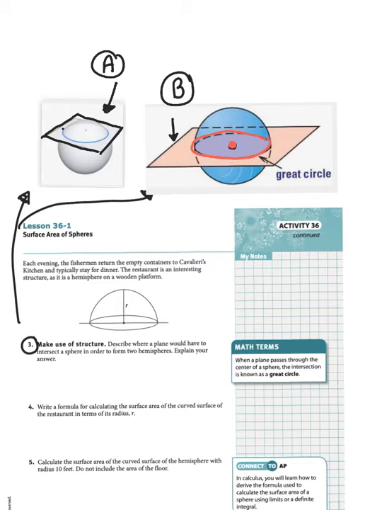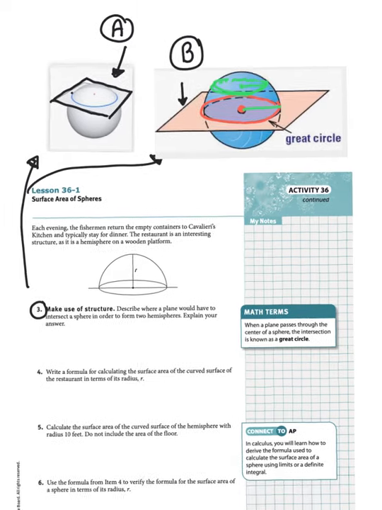If I sliced through the sphere a little bit closer to the top, this circle up here is going to be a lot smaller than that great circle. That great circle is going to have the largest radius, much larger than something closer to the top. So it's called the great circle because it does have the largest area. And that's just a little vocabulary piece of information for you.